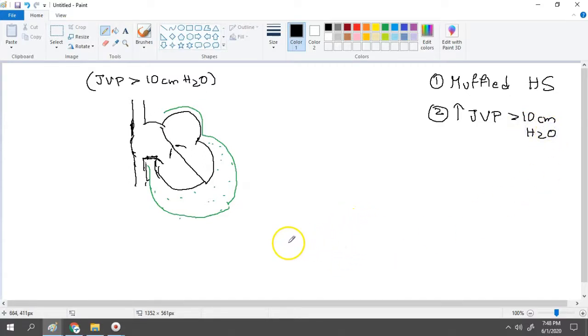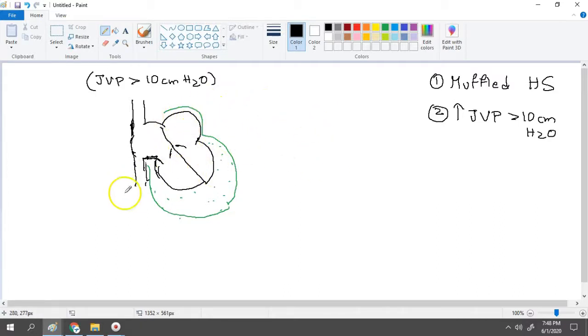This is the second important sign that you get. And the third important sign is that because the amount of blood that is going to flow into the right side is decreased because of the pressure, the cardiac output is reduced. Remember, this is the same amount of blood that is pumped into the right side, that is the lungs, and then returns into the left side.